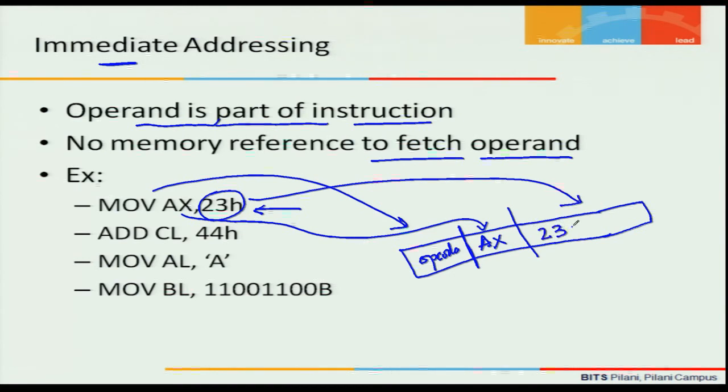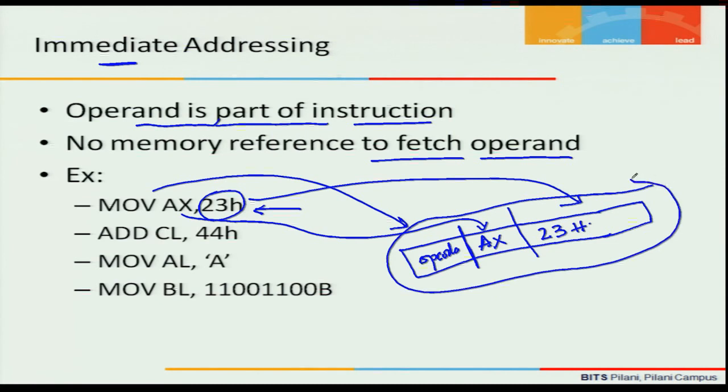So 23 hex will take another 8 bits to code, and when I fetch the instruction MOV AX, 23 hex, I will fetch this complete bit sequence. So already the value 23 hex would be there with me.